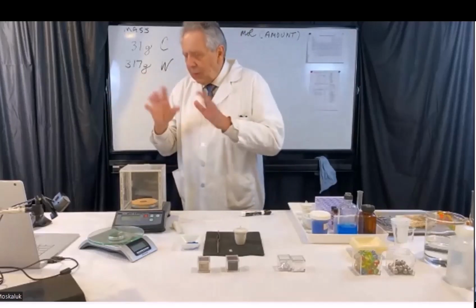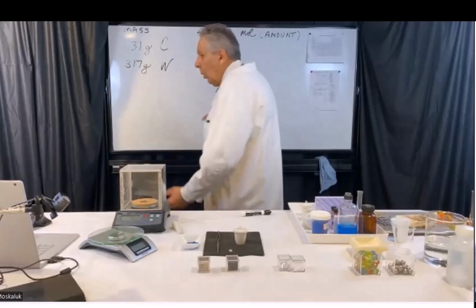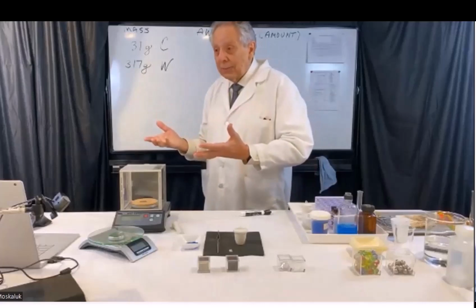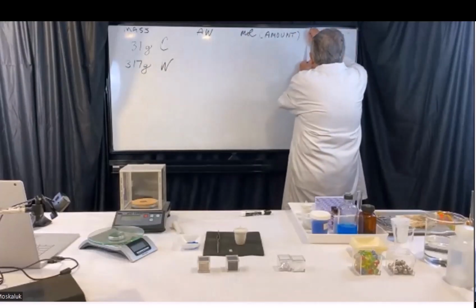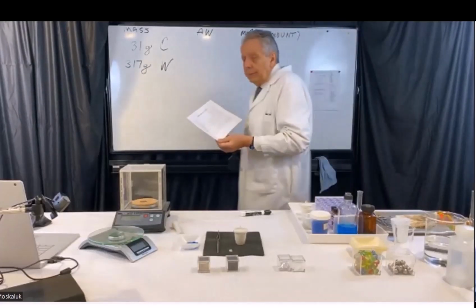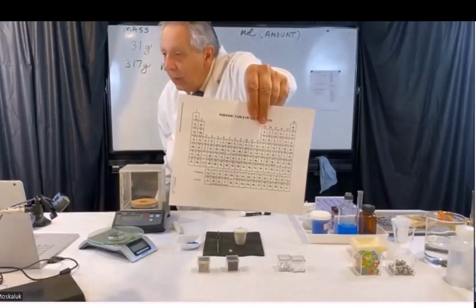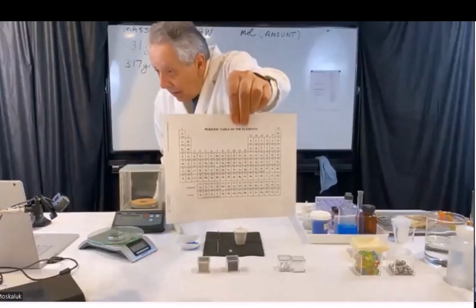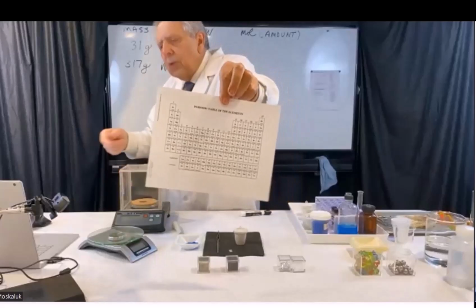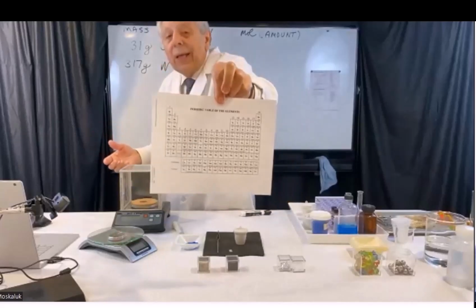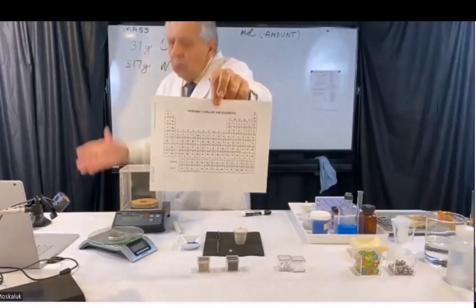We talked about a density comparison too, but the one we've got to get to next is moles. And right here is something that you should always have nearby. Let's see. You might be able to see it. It is the periodic table that's used with the AP exam. This is exactly the one you have on the AP exam. Use this one only.